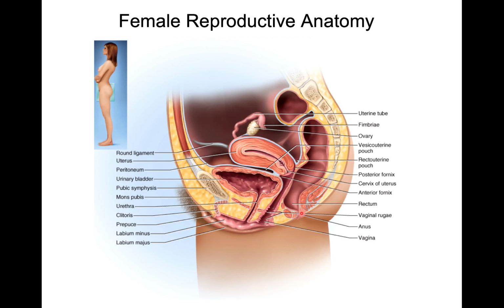So we have the anus, and then the vaginal canal, and then in front of that you have the urethra, which only allows urine to pass through, and it connects to the bladder. In front of that, you have this muscle here called the clitoris. Surrounding it, you have the labia minor and the labia major.